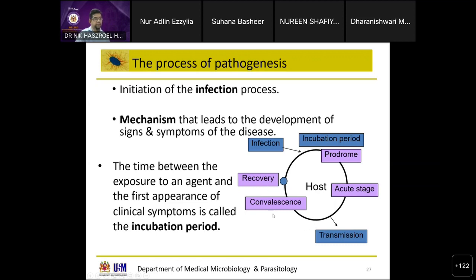So there is a convalescence phase, and some transmit during this phase to other hosts, and the cycle continues. The time between the exposure to an agent and the first appearance of clinical symptoms is called the incubation period. So when the infection enters the host and there is no symptom yet, it's called the incubation period.